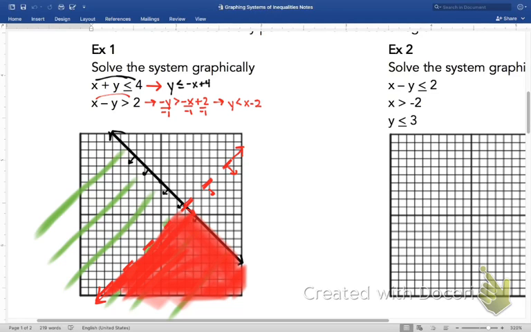It's below the red line, it's below the black line, so where that overlap is, that very bottom section. Making sure that you change the sign. Flip the symbol, things like that.